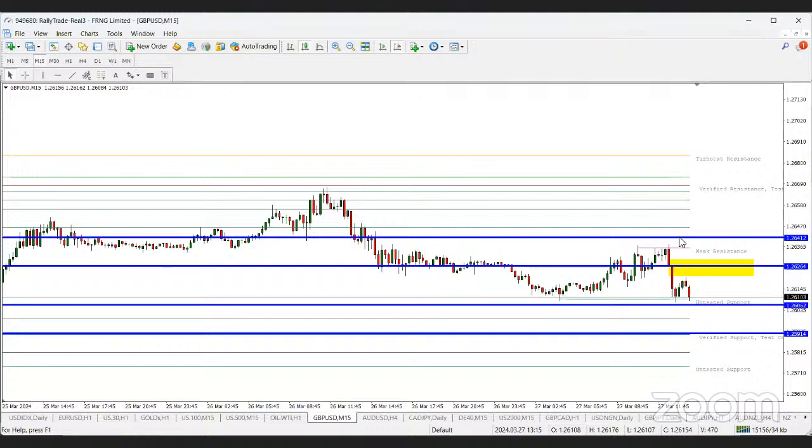Apart from that, if price closes below 1.26060, I could still sell from there to around 1.25910. That is how I will trade GBP USD.